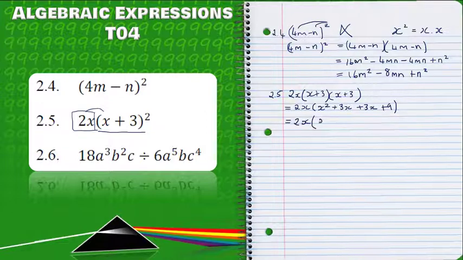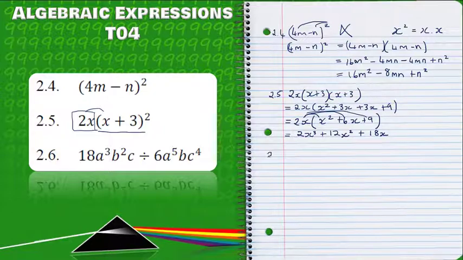Add my like terms: x squared plus 6x plus 9. And then finally I can multiply out this bracket by multiplying the 2x with each and every term. So this becomes 2x to the power of 3 plus, now we have 2 times 6, which is 12x squared, the x times the x, plus 18x. And that is my final answer.